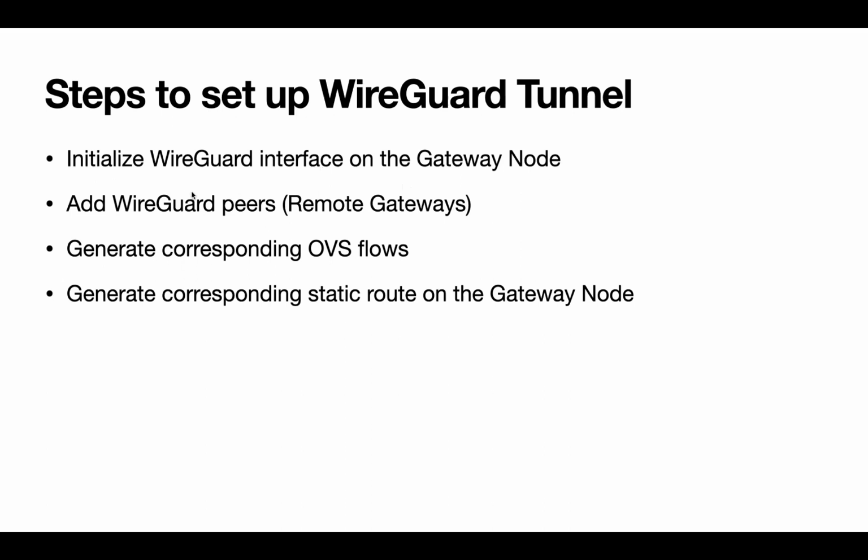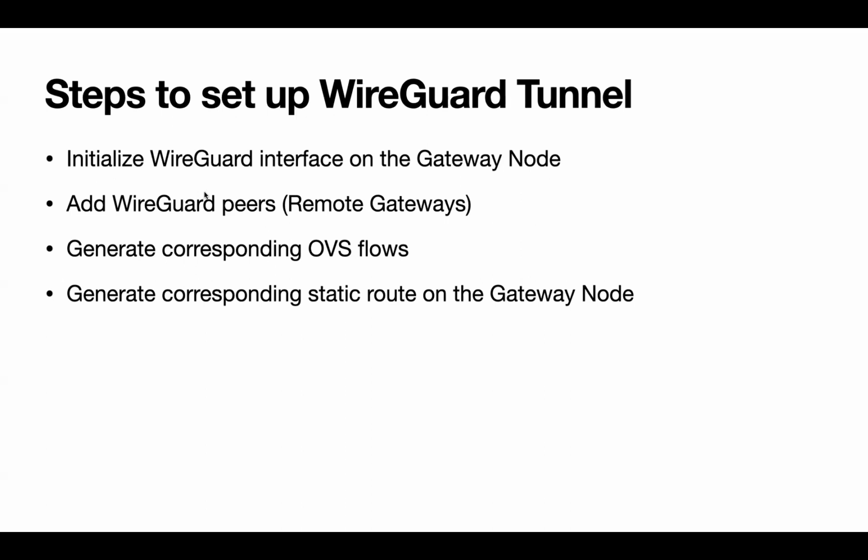The next one: once we annotate a node as a multi-cluster gateway, the multi-cluster controller will watch the gateway and export some cluster information to others, such as gateway information, service CIDRs, and others.